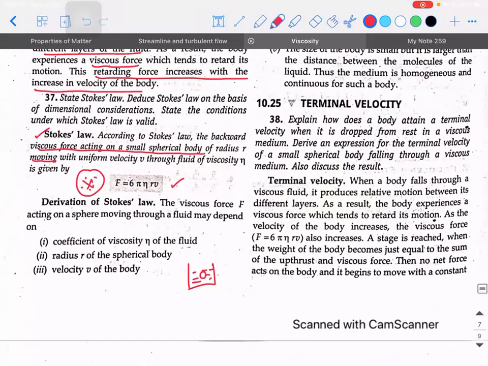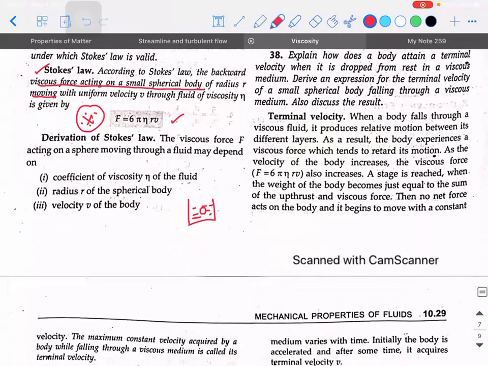Then comes the concept of terminal velocity. This is the last part with respect to viscosity. Okay. So when you talk about an object which is falling through a viscous fluid, I told you already, it produces a relative motion between its different layers.